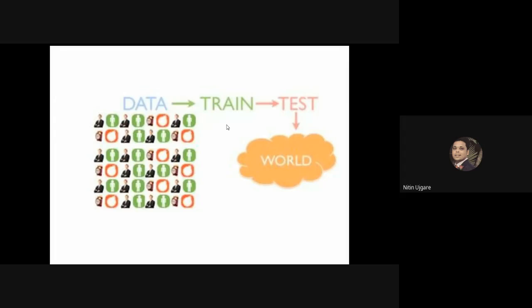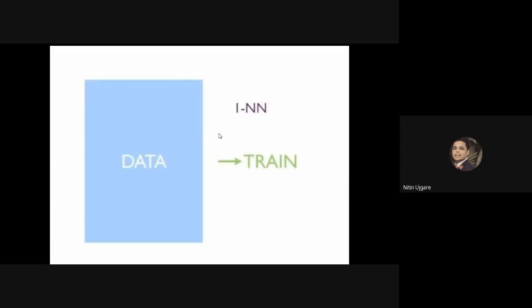As it turns out, we know many ways of training a machine learning system, each with different parameters and settings. For example, we can train a machine learning system with the one nearest neighbor algorithm.